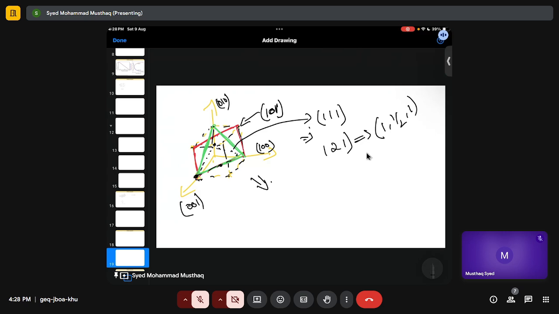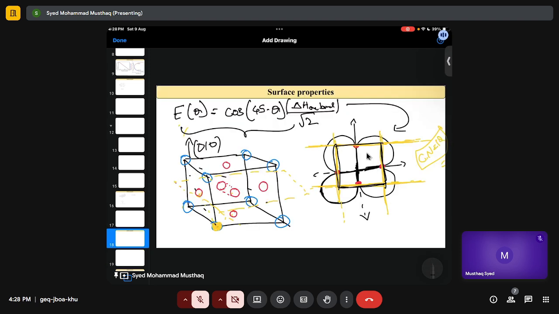If I'm talking about 1, 0, 0, then the number of bonds being broken, you can see from here. If I try to cut it here, this is bonded to this guy. This will be out, and this guy will be out.